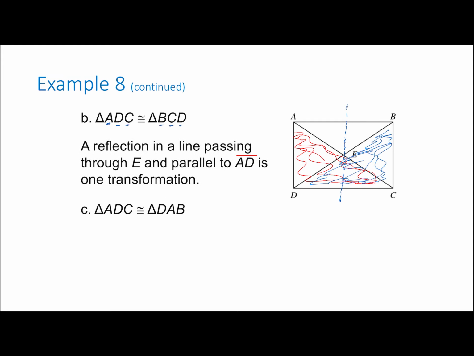And so that is what this says: reflection in a line passing through E and parallel to AD. So there's AD here on the left, and that is parallel to that vertical line, and so it's reflected across that vertical line that goes through point E.